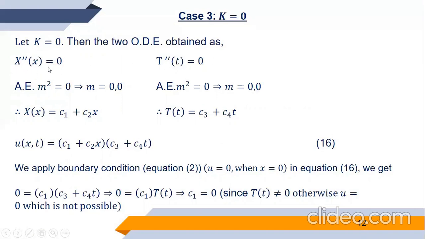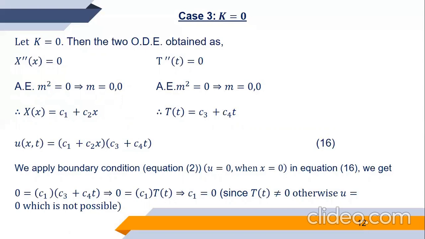So X double dash is 0, so we write m square is 0, so m is 0 two times. So the solution is C1 plus C2 x. Here the solution form is C3 plus C4 t. So we write u(x,t) is equal to C1 plus C2 x, times C3 plus C4 t. This is equation number 16, the solution form when k is equal to 0.